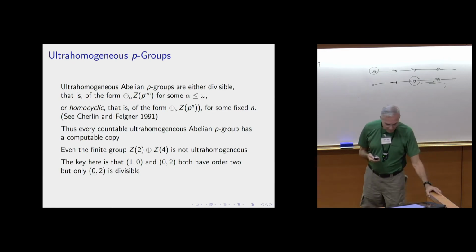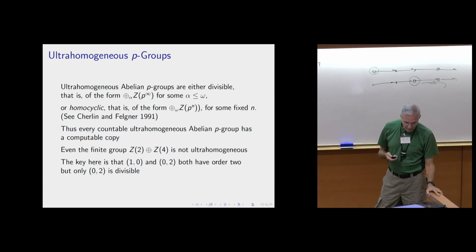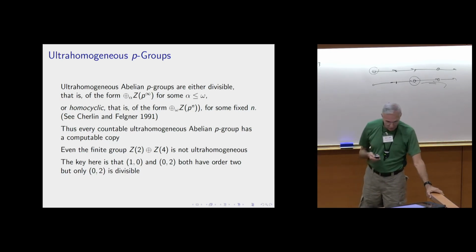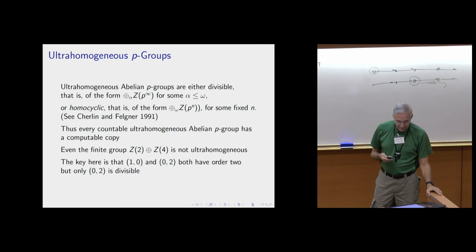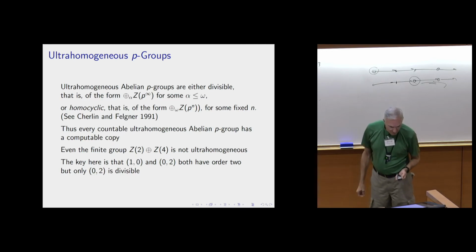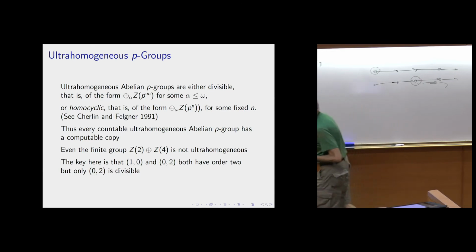So if we have, say, the cyclic group of order 2 and the cyclic group of order 4, and put those together, this is not ultrahomogeneous, because Z4 contains an element of order 2, and Z2 also has an element of order 2. Those cannot be automorphic; they're not automorphic with each other.